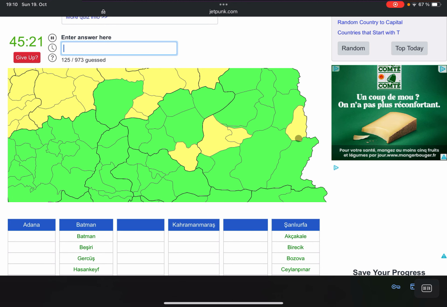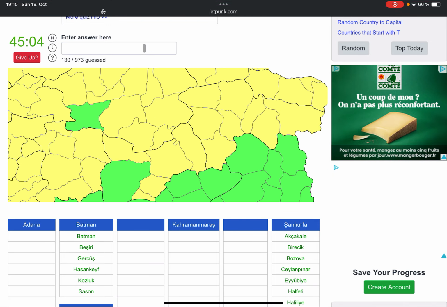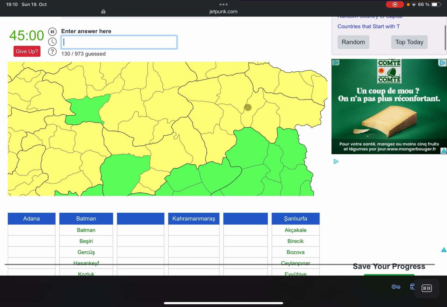And here we have just Saray, Edremit, and Gevaş. Alright, so I'm still blanking on this one down here. I hope I'll remember it over the course of the quiz, but yeah, hopefully. Yeah, let's just pass on to the north here.